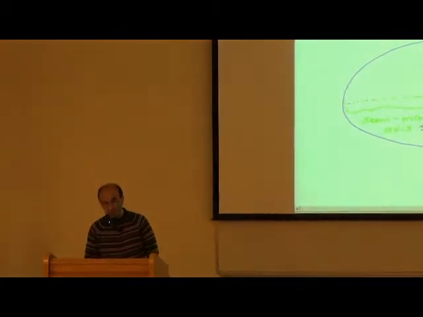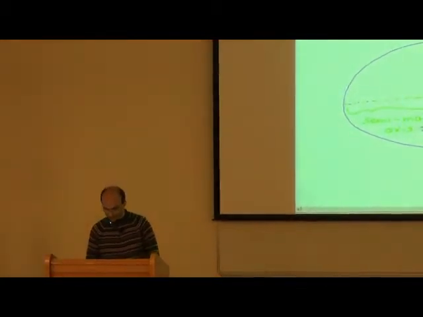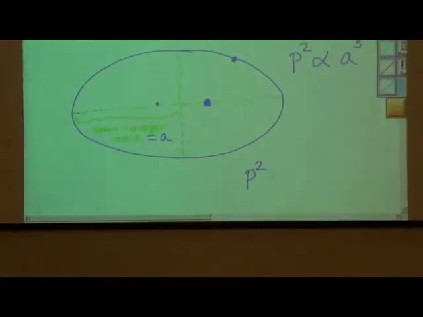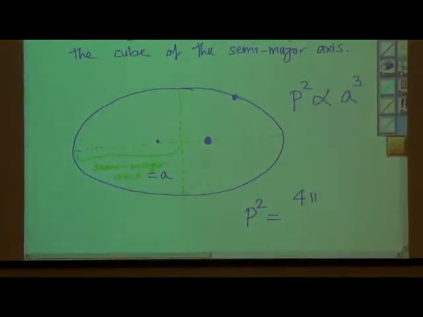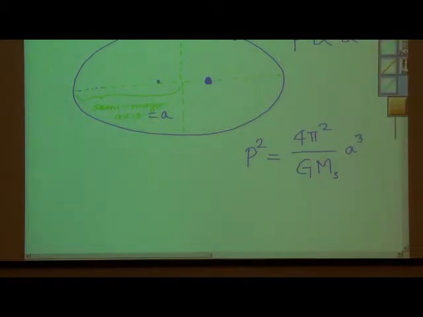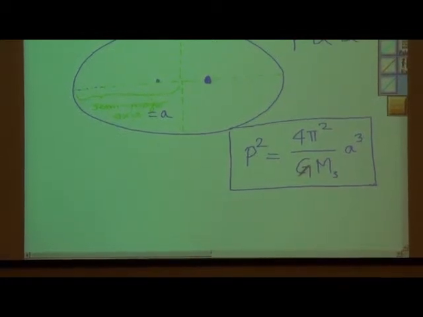But now, with our earlier knowledge, we can say that P squared is 4 pi squared over G, the gravitational constant, times the mass of the sun, times the cube of the length of the semi-major axis. Now this is the full equation that we are going to be using.